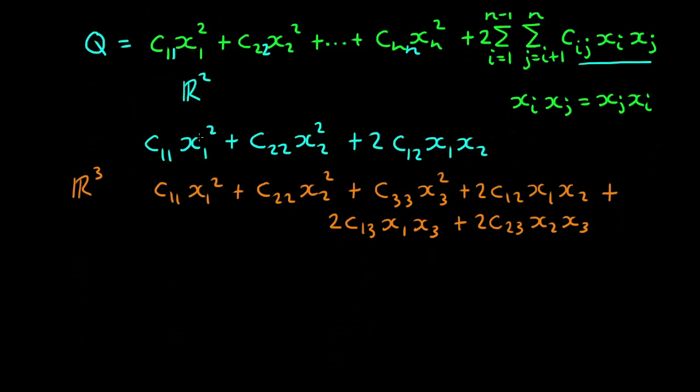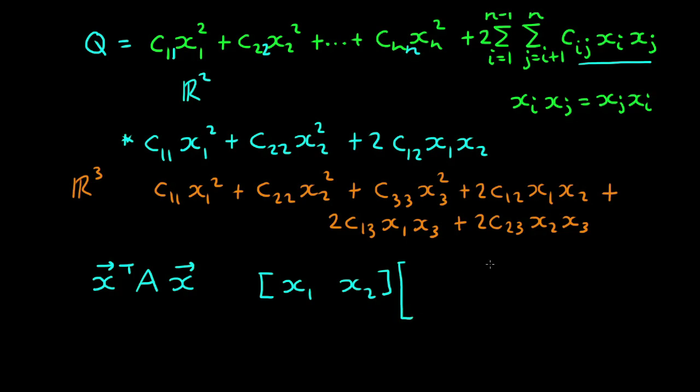Now it's convenient to express these quadratic forms in matrix form, being a vector x transposed by a matrix A by x. So the quadratic form on R2 can be expressed as x1 x2 by the matrix of coefficients.